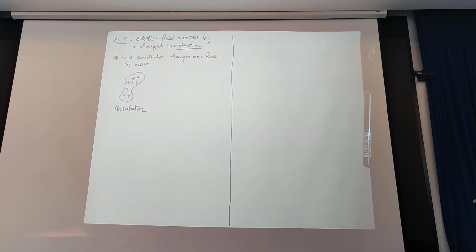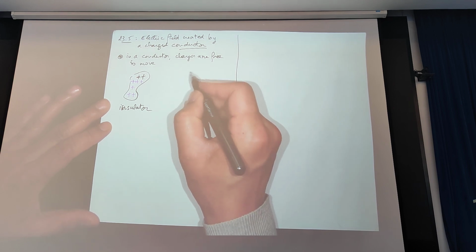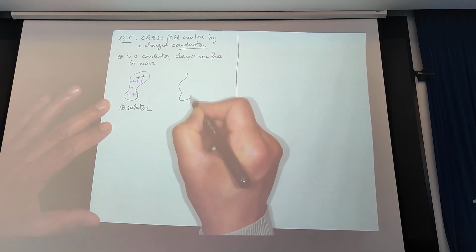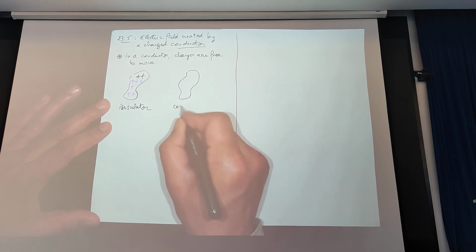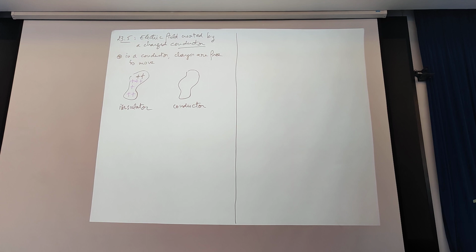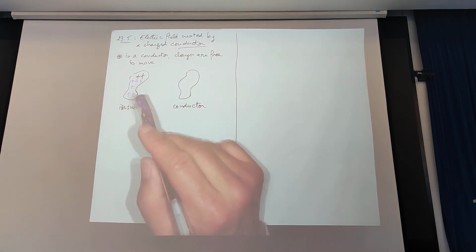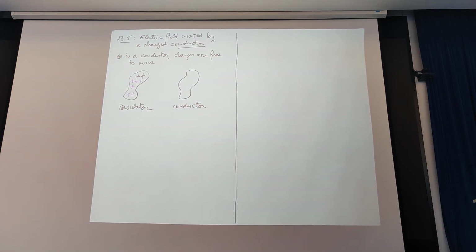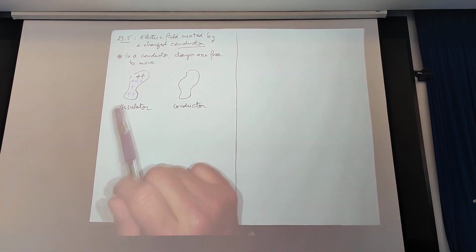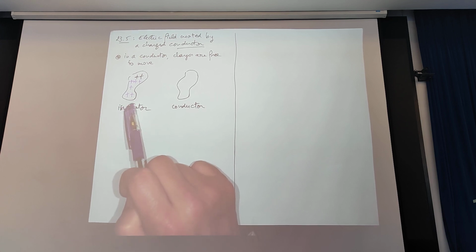But now, if I consider the same object, but in metal, for example. So here, what happened? The charges which are positive, for example, are all of the same sign. So what will happen to the charges here if they are free to move?